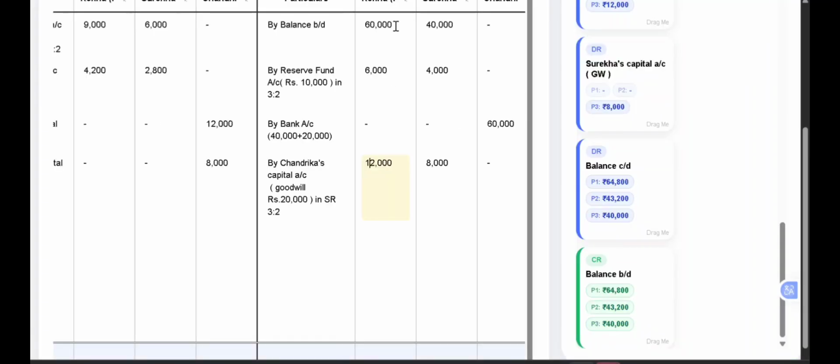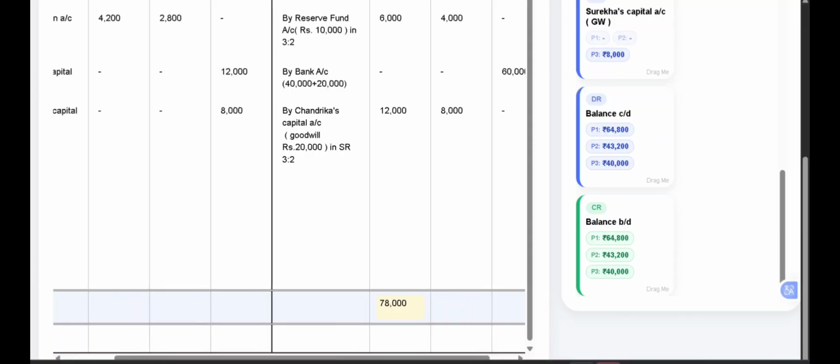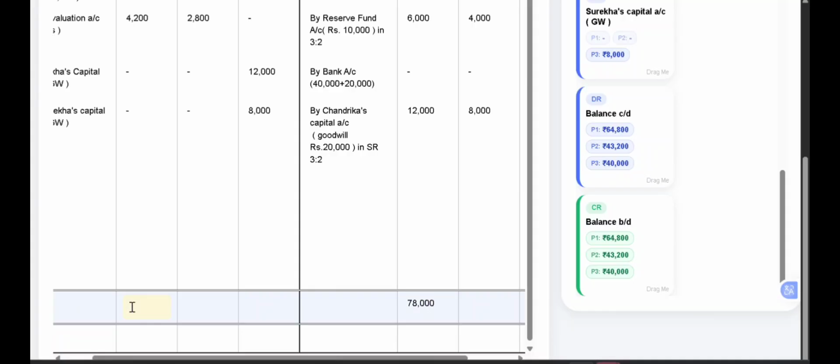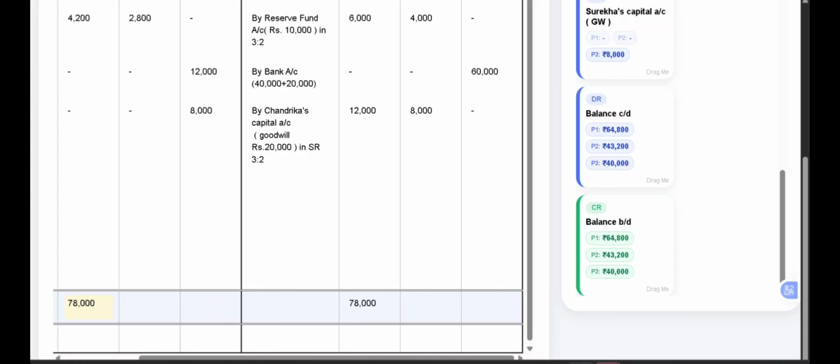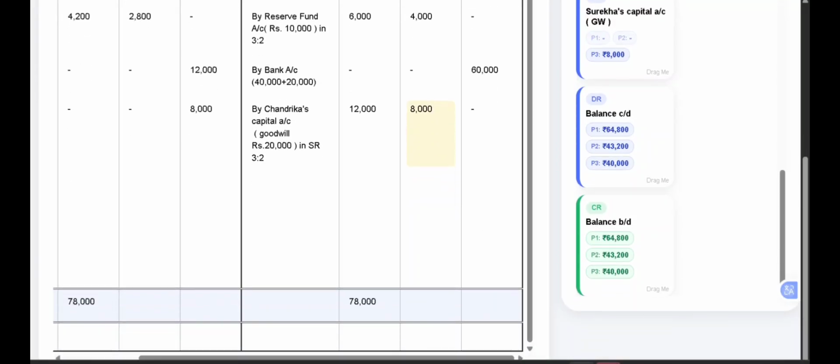Now, once the entries are all done, now we have to balance the account. So get the total of the capital account. Now we have to see what is the total of Rekha, that is 60,000 plus 6,000 plus 12,000 will be 78,000. So right here that will be the highest total, 78,000. So this will be the highest total which has to be entered on both the sides of Rekha's account.